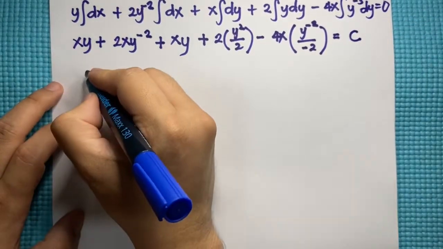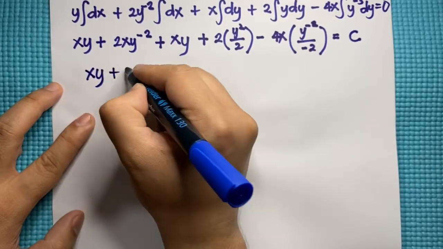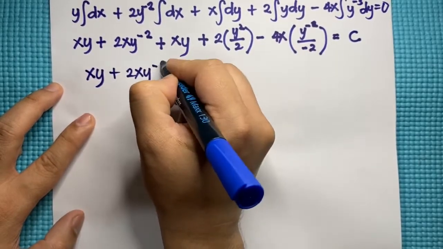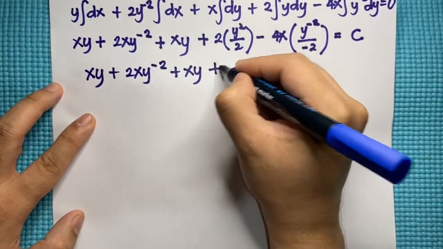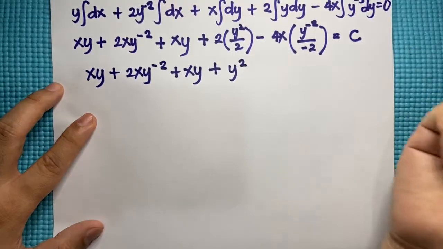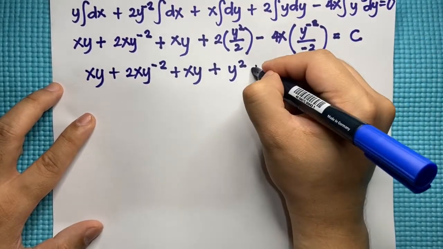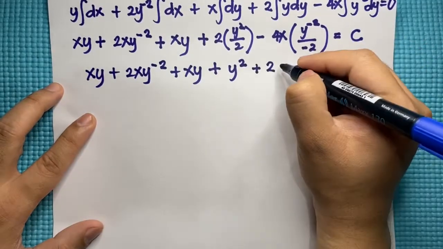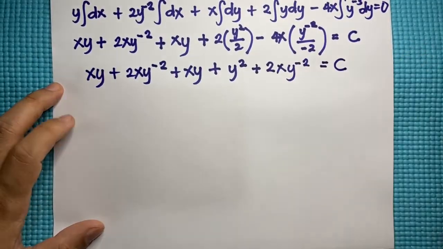Simplifying further, we have xy plus 2xy raised to negative 2 plus xy, then the 2 cancels out, yielding y squared alone, and negative and negative make plus 2xy raised to negative 2, equals c.